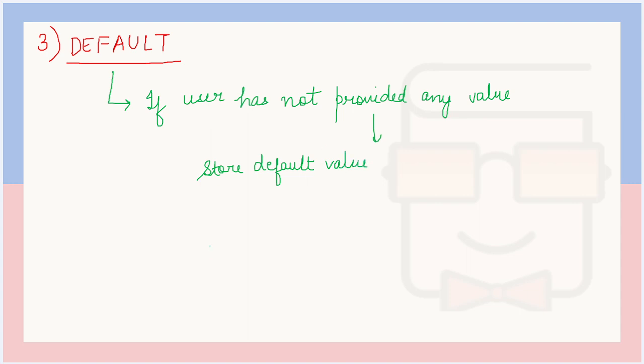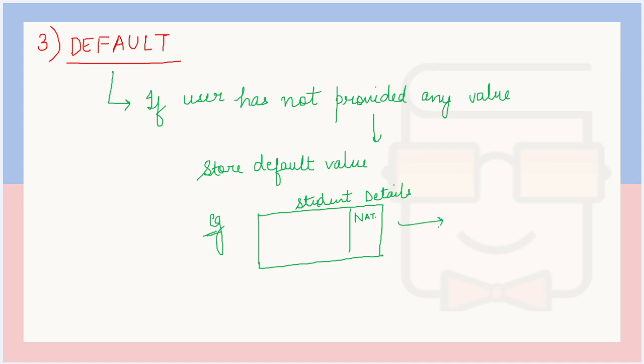So for example, we take the example of a student database, and in that particular database there is a table or relation known as student details, and one of the attributes in this relation is nationality. So in the nationality column we can put a default constraint.